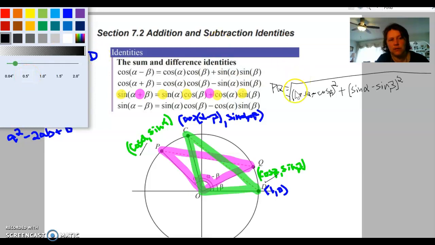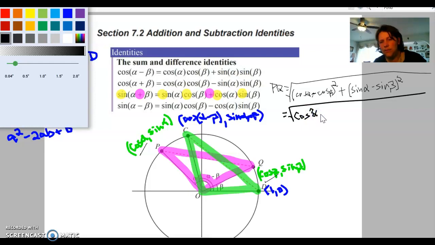Alright, so equals the square root of cosine squared alpha minus 2 times a times b, which in this case is cosine alpha cosine beta, plus cosine squared beta.